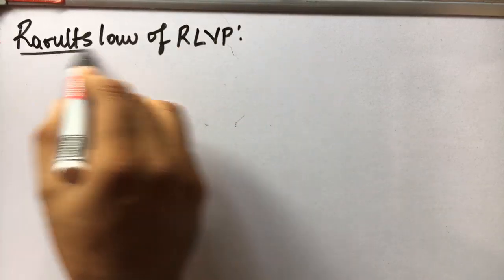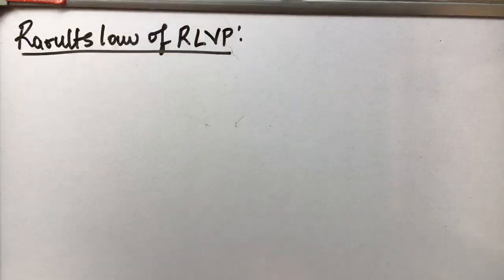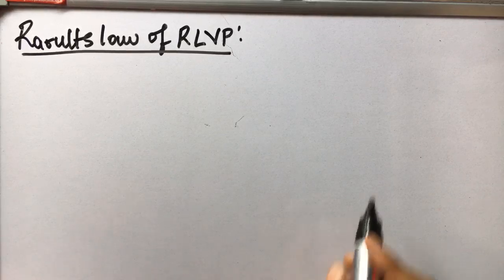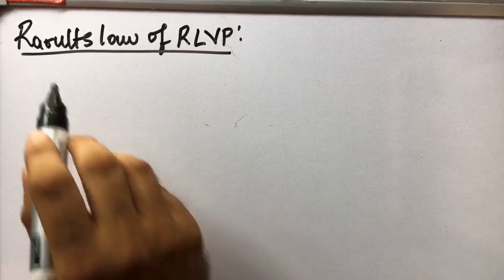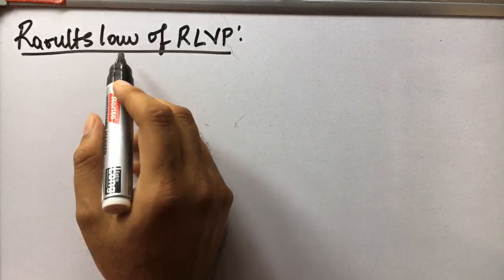This definition is not given in your NCERT, but it is given in your material. So whenever a question on Raoult's law is asked, you have to read whether they have simply given state Raoult's law for a solution of volatile liquids, or simply Raoult's law, or Raoult's law of relative lowering of vapor pressure.